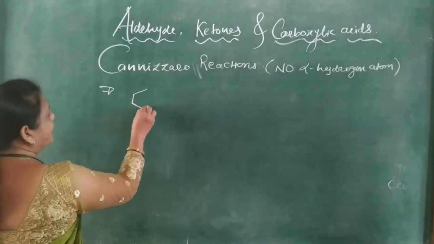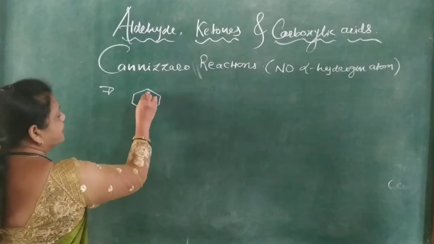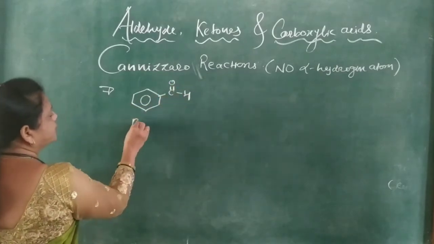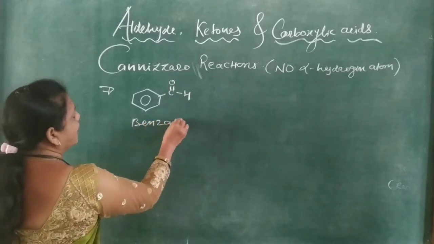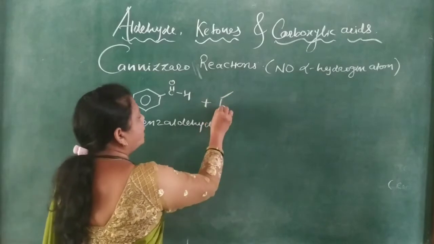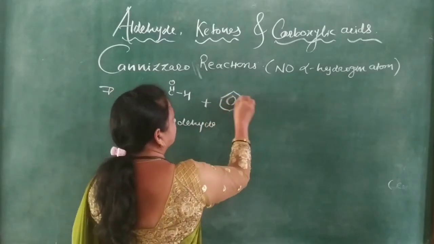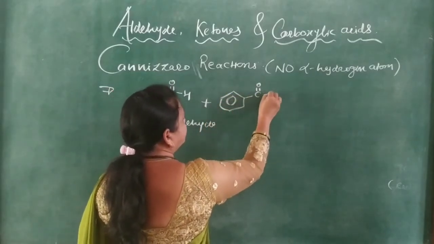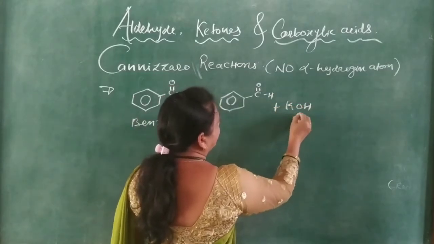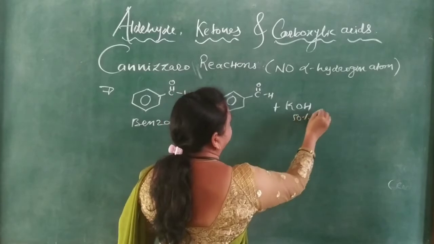Then benzaldehyde: benzene with C double bond O and H. This is benzaldehyde. Another molecule of benzaldehyde, C double bond OH, plus KOH, 50% aqueous.